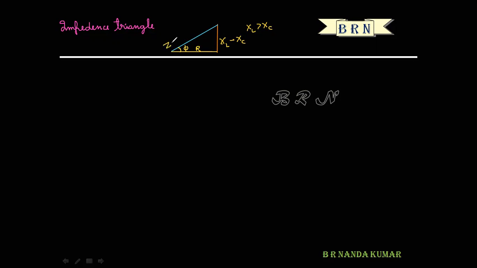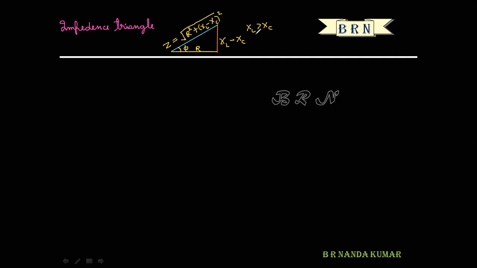The hypotenuse is Z. What is the value of Z? If XL is more than XC, it is the square root of R squared plus XL minus XC whole square. So this is the impedance triangle of the LCR series circuit if XL is more than XC.